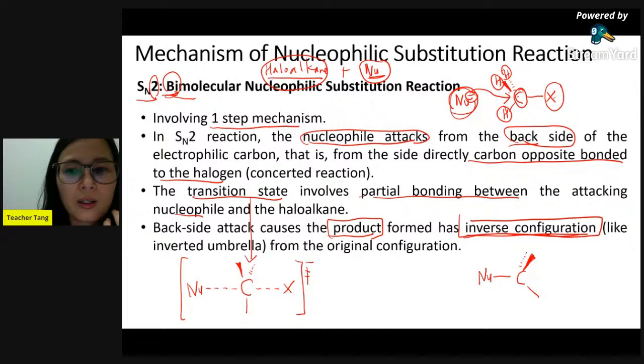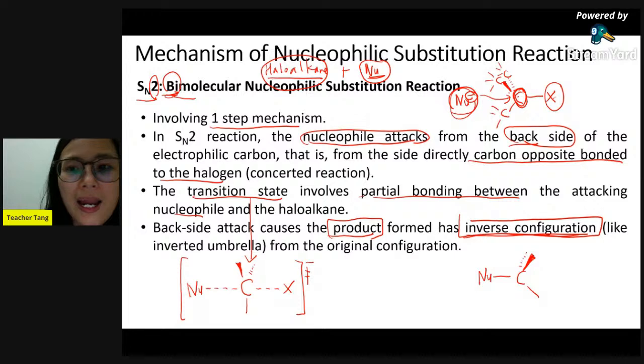Okay. However, if it is a tertiary haloalkane, these are all alkyl groups. So this alkyl group is bonded to hydrogen again. Right. Can you see that now? Now, it is not easy for the nucleophile to reach this carbon. Not easy.